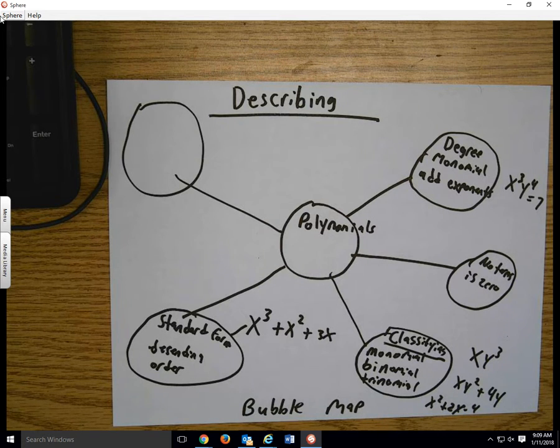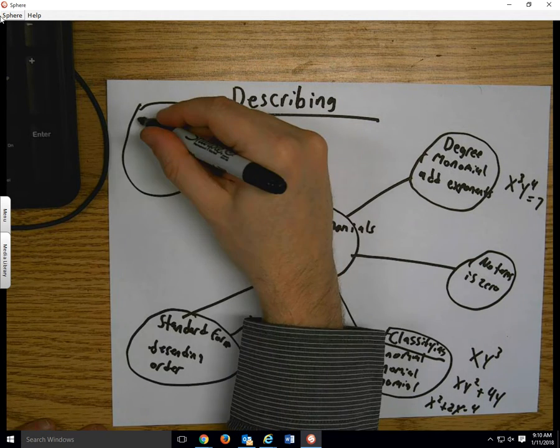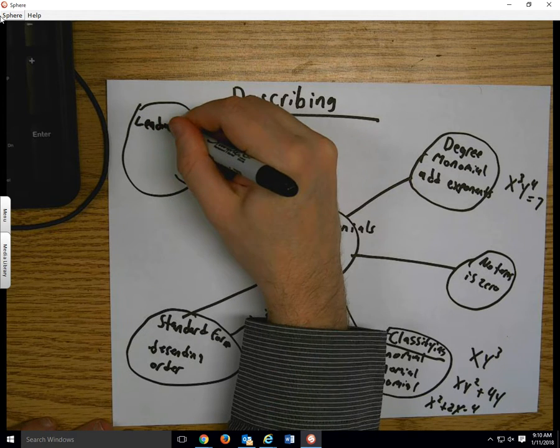Can anyone think of anything else? Did you guys get to this thing called the leading coefficient? That would be something. The leading coefficient.